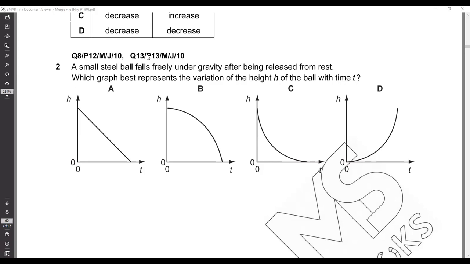So, last time we discussed that in a graph we should be very clear about the y-axis and x-axis. So, both of you, just tell me what the y-axis of this graph is telling us. Is it telling us velocity? Is it telling us displacement? What is it telling us?